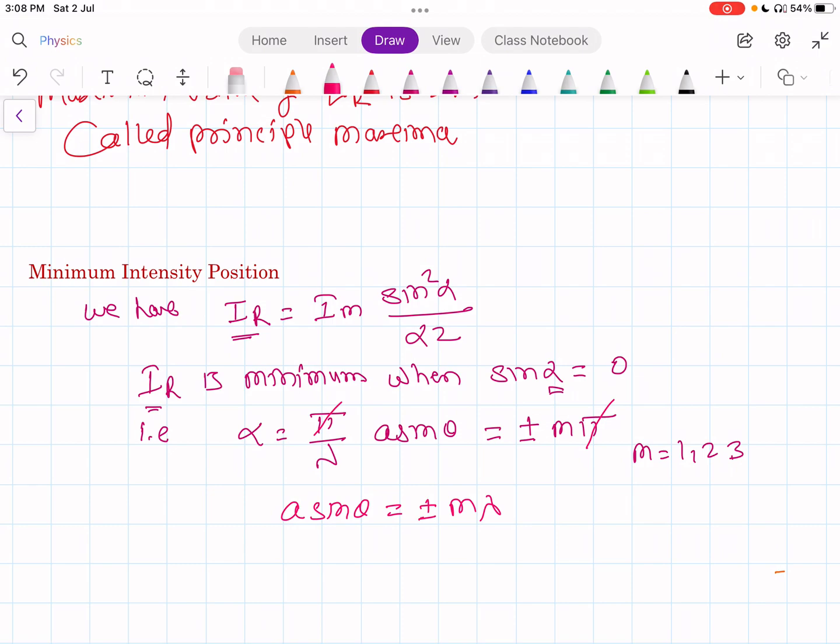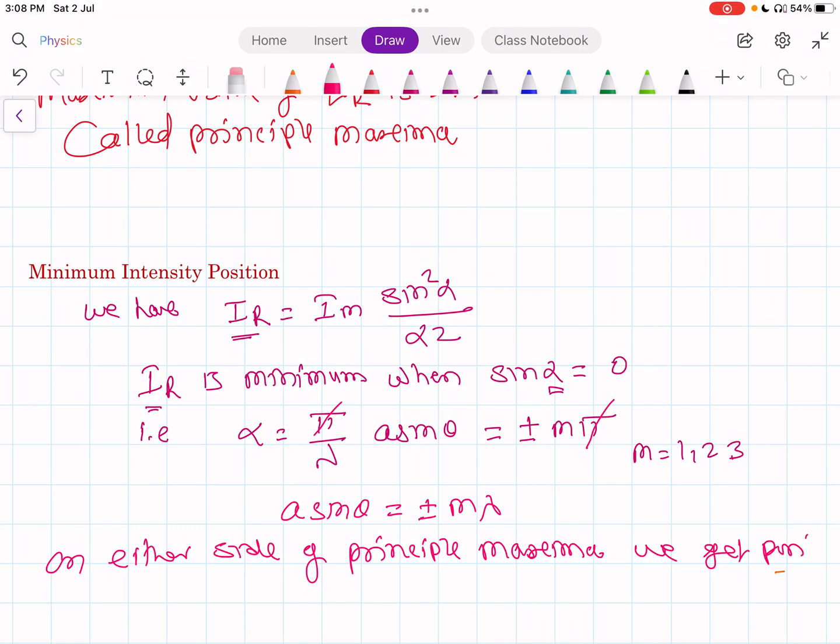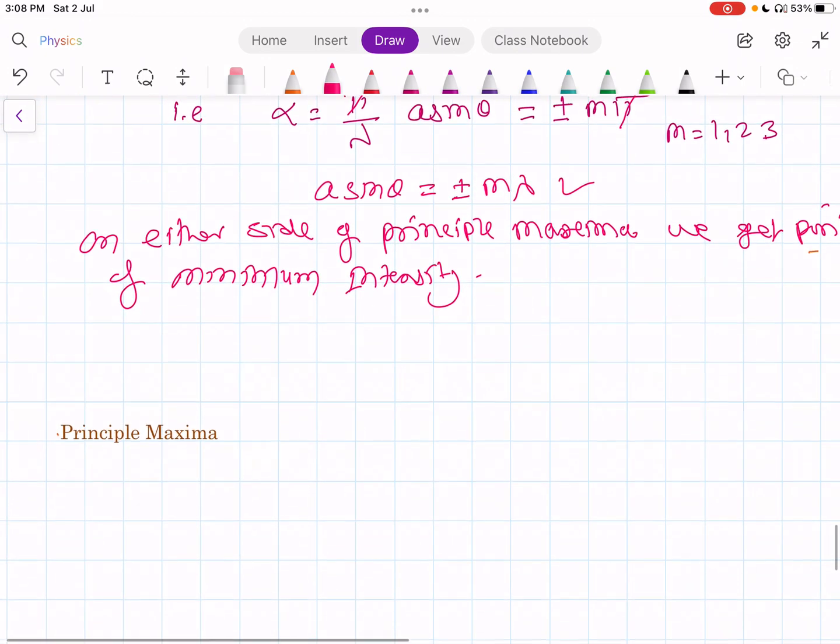The plus minus m lambda is because on either side of principal maxima, we get points of minimum intensity. So there you get the minimum intensity positions, and this is the equation for minimum intensity position.